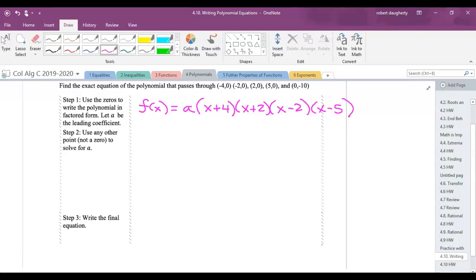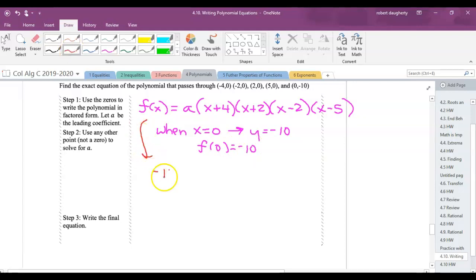So I know that when x equals 0, I'm going to have to get y equal negative 10, or f of 0 equals negative 10. So let's just use that for a fact, and I get negative 10 is equal to a. Now what happens when I put zeros in?